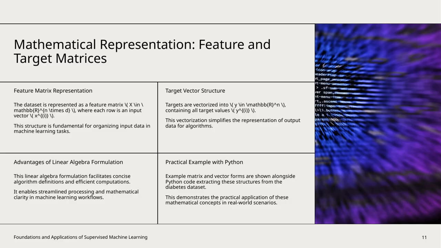To make these ideas more tangible, we often work with practical examples, such as extracting feature matrices and target vectors from real datasets like the diabetes dataset. By doing this in Python, we see firsthand how these mathematical concepts translate into actual code, demonstrating their relevance in real-world scenarios. This connection between theory and practice is what makes the mathematical representation so essential in supervised machine learning.